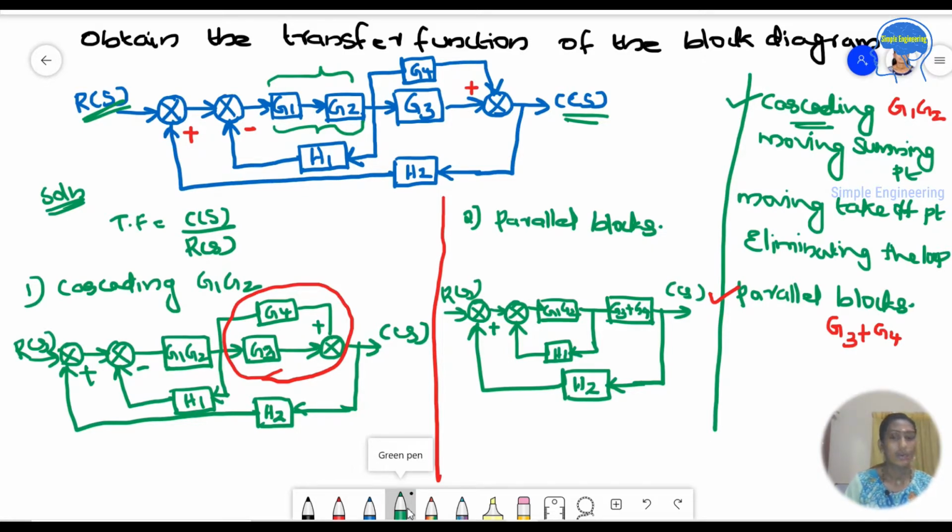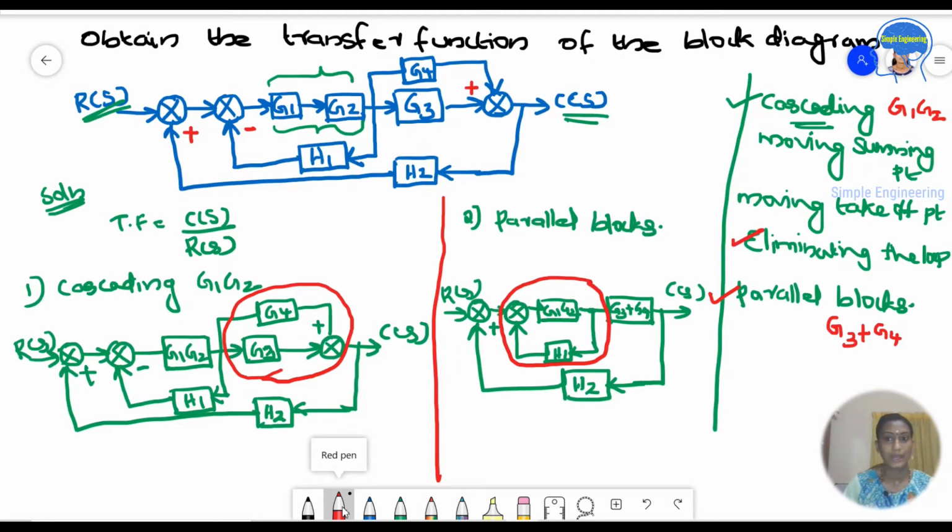Next you have to check what we can do over here, which rule will apply. Now we have G1 G2 and H1 and one summing point. This you can take as eliminating the loop.